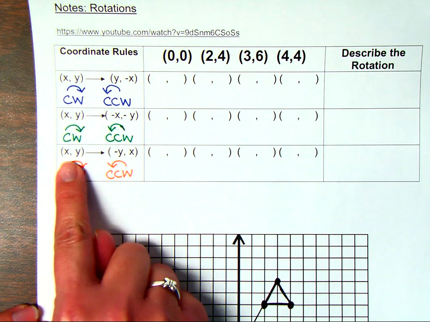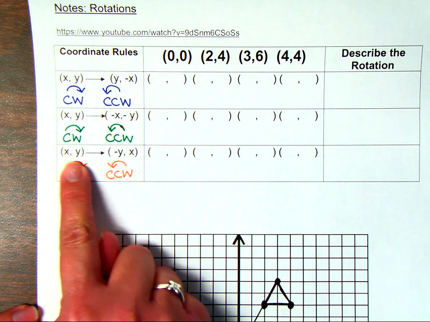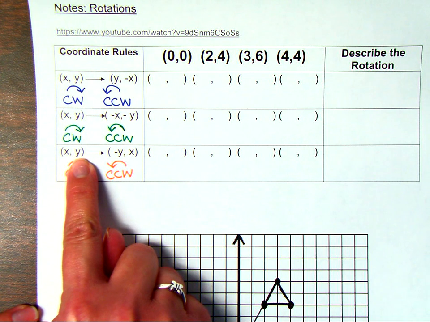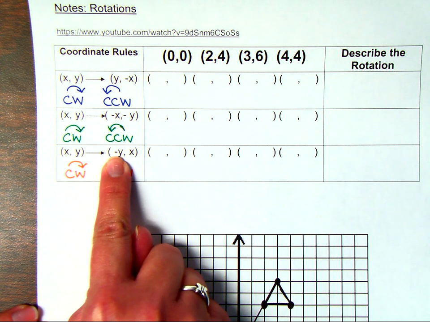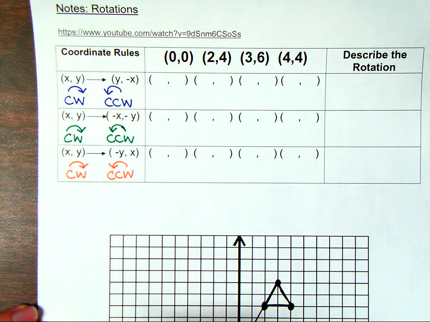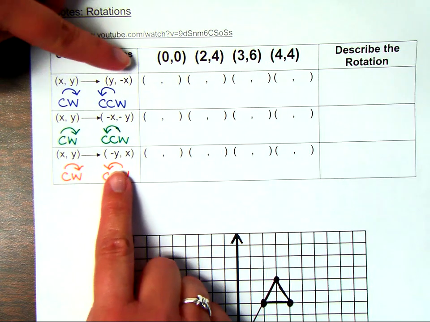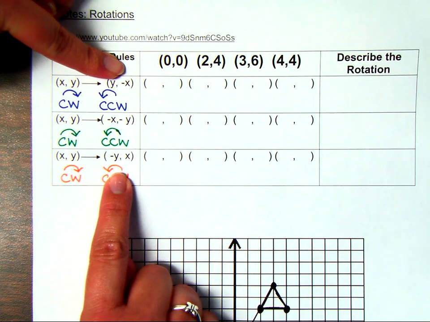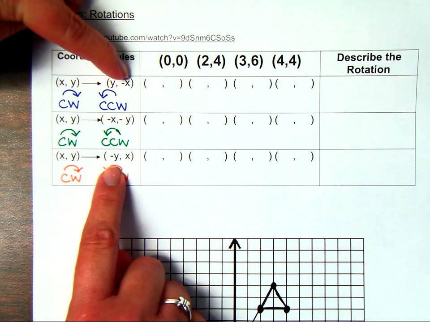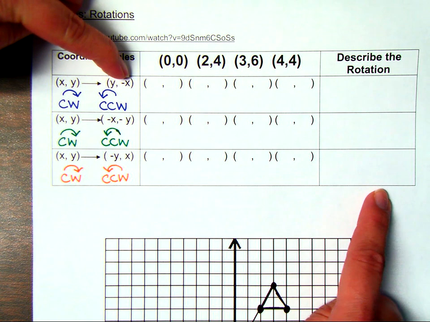Then we have my original ordered pair, and if it looks like this, my original y is now the opposite, and it's where my x was, and my original x is where the y is. So a silly way that I remember it: with these two, your y and your x flip, and your original x changes before your original y. I'm going to tell you what that means over here in just a little bit.